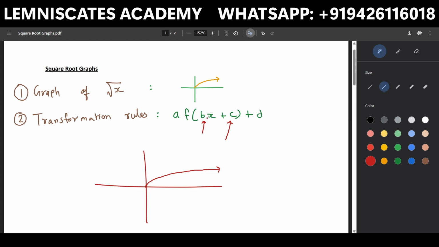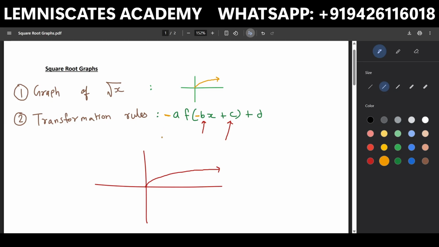Remember, in the x-axis we do the opposite to what we do in the y-axis. In the y-axis, the stretch factor is a and plus d is the translation. Inside the function, that is the input, minus c is the translation and 1 by b is the stretch or compression factor. Of course, after that there can also be a reflection, maybe a minus sign outside the function or a minus sign inside the function.